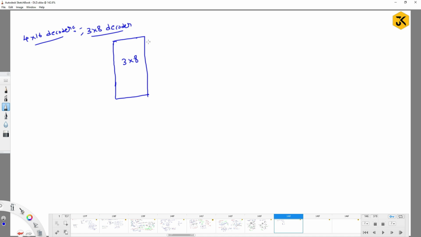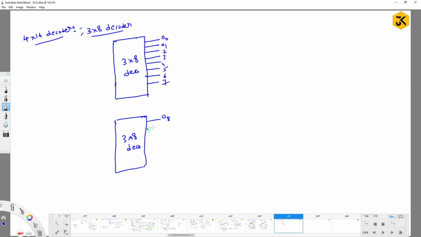Okay. So a 3/8 decoder is going to produce outputs ranging from O0, O1, 2, 3, 4, 5, 6, 7. Similarly, one more 3/8 decoder is required. These range from O8 and so on to O15.